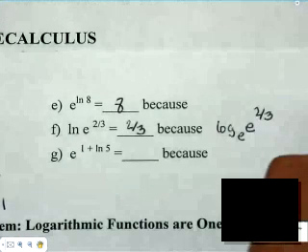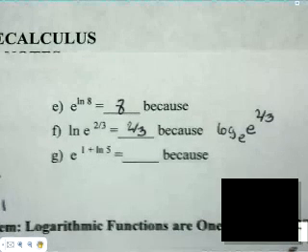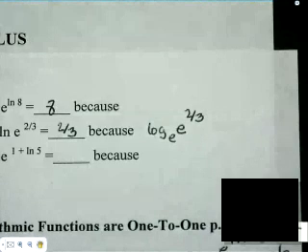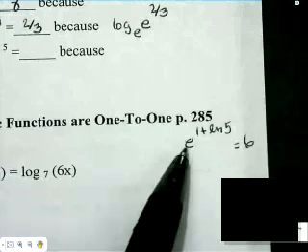You said e to the 1 plus natural log of 5 is 6. That means if I raise e, let's see, what would that mean? Ooh, that's hard for me to say. Why is that hard for me to say?